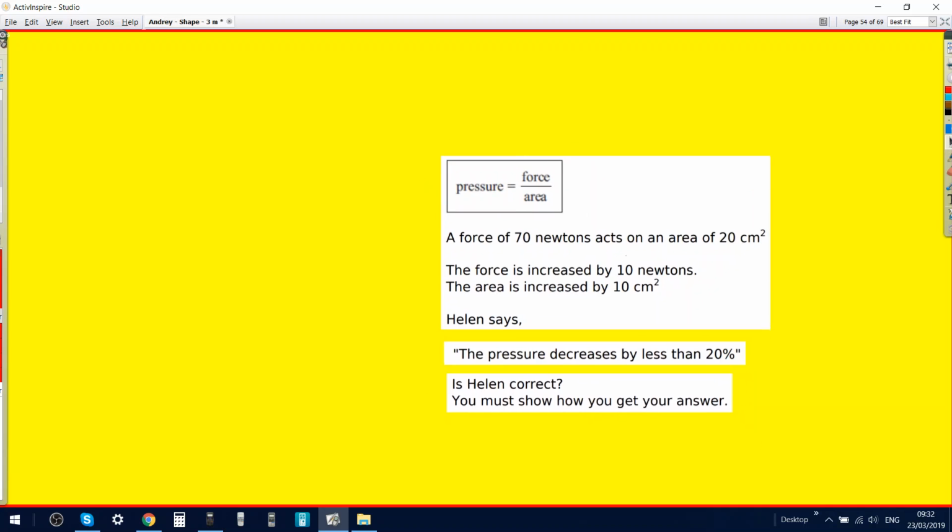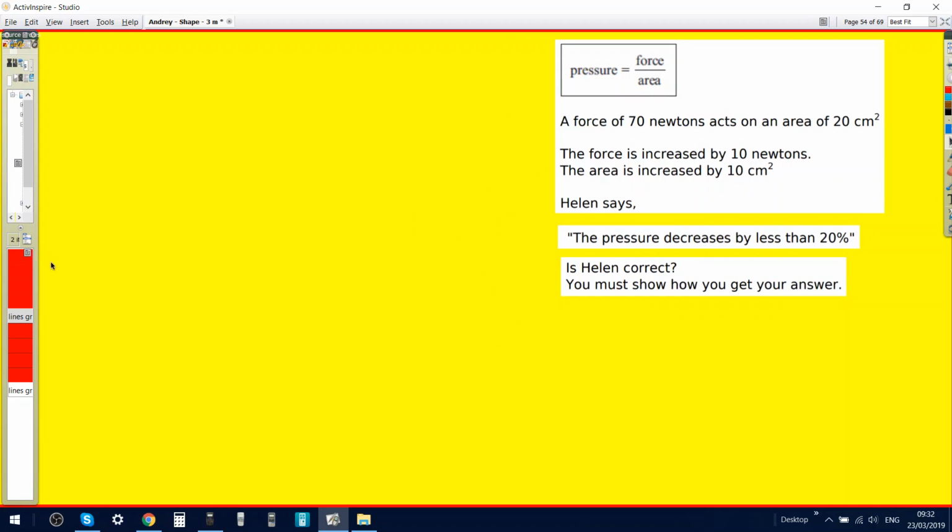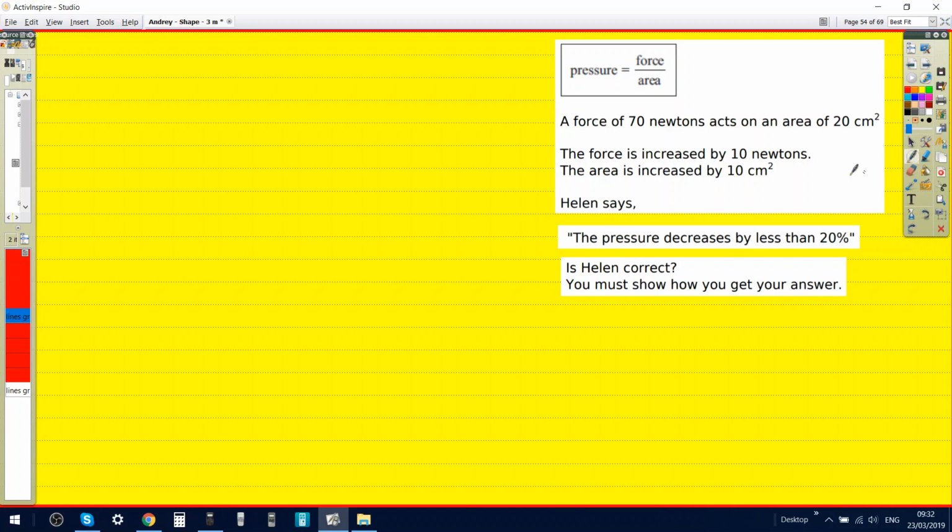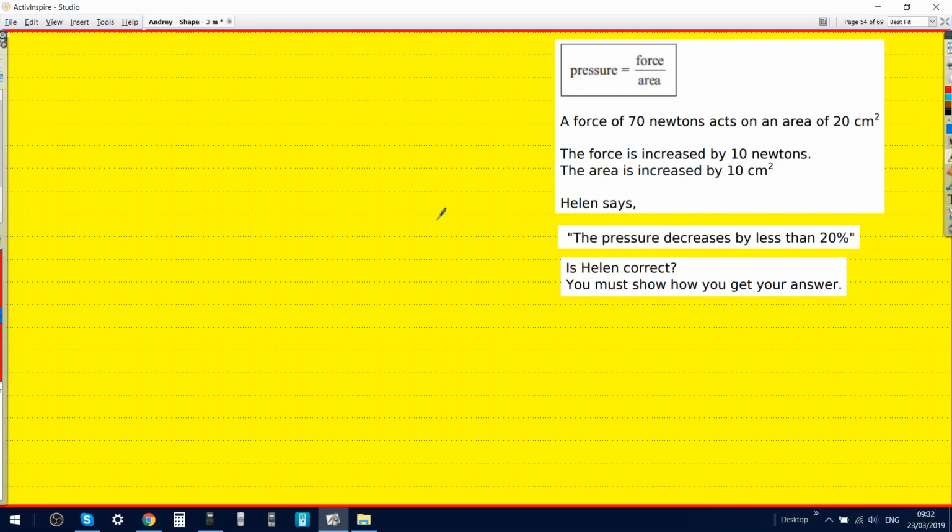Okay, how about this? So do you first of all do 70 divided by 20, and then that's 3.5 there. Yeah. And then when it says the force is increased by 10 newtons, do you do 80 over 30?